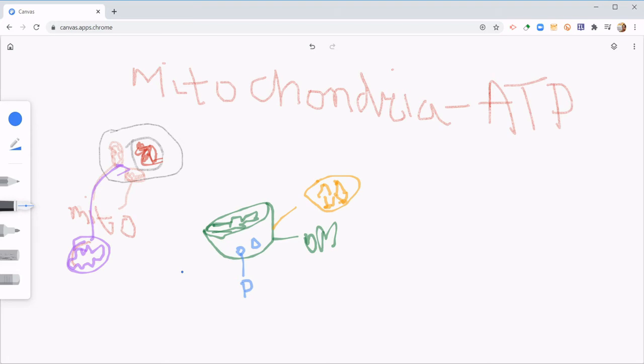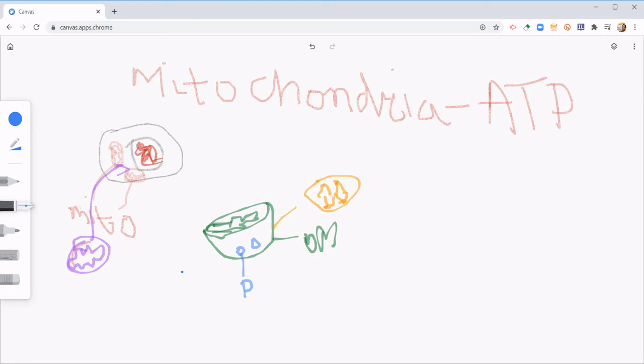So why was this folding required? This folding increases the surface area so that the ETC units, or the enzymes which are causing this ETC, can have a larger surface area, so that the numbers are more and more ETC can be conducted.